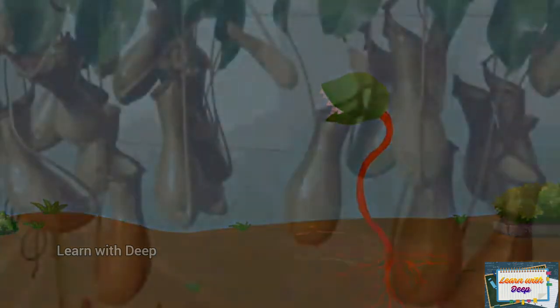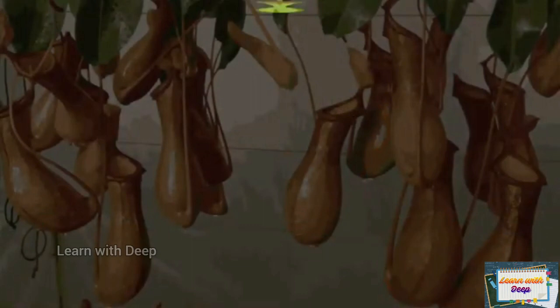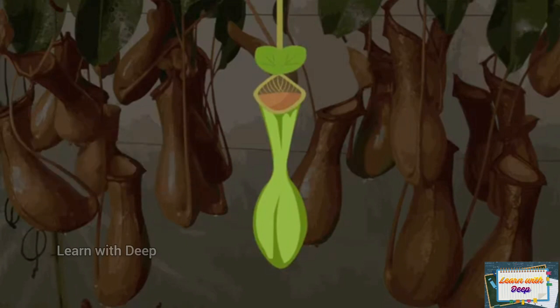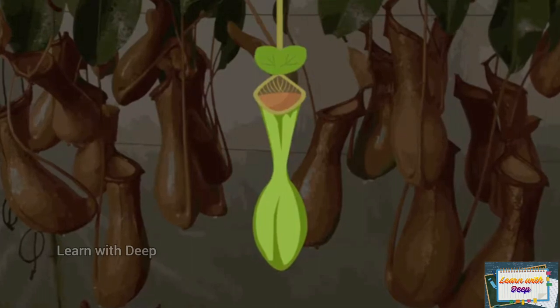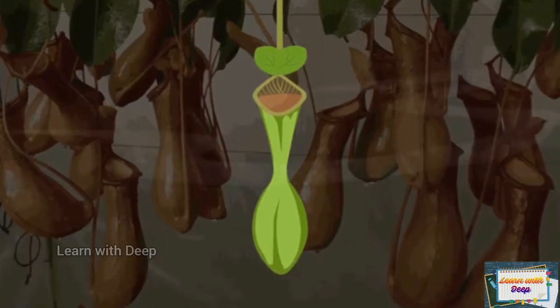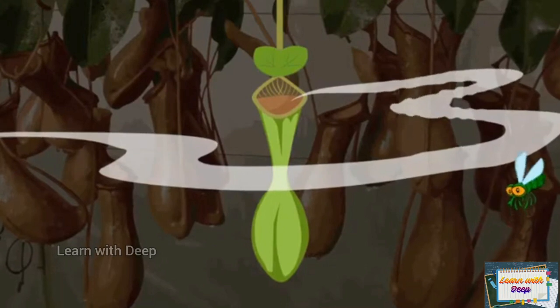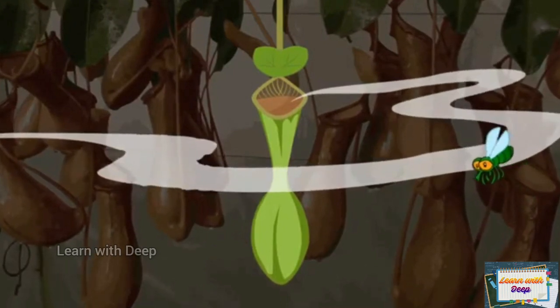First of all, we will talk about pitcher plant. Its leaves have shape like a pitcher, that is an earthen pot, and hence the plant is named pitcher plant. The pitcher shaped leaves are filled with a strong smelling liquid which attracts insects towards it.